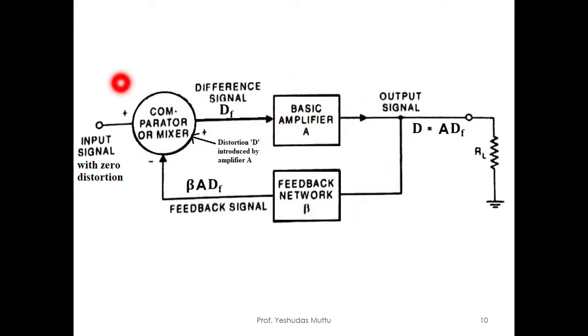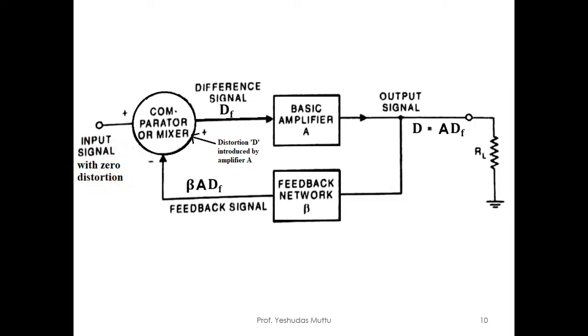But if distortion is coming from outside, like for example an input signal itself is distorted, then there won't be any hope that the distortion will be removed. That is the reason I have said over here input signal with zero distortion.